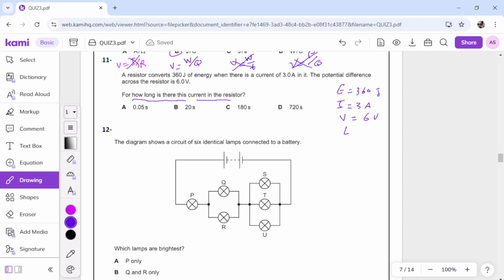He asked how long, it means the time. As you know, energy equals VIT, so we have to rearrange. T equals E over VI. So now it will be energy 360 over 3 multiply 6. So the answer will be 20.